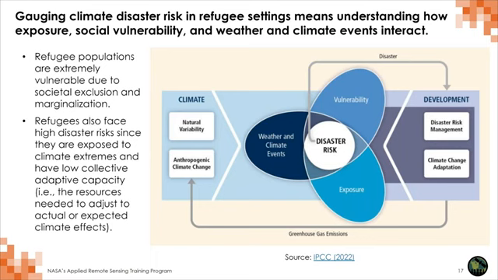And on top of that, of course, we have this background fairly low adaptive capacity, which is to say the resources that are needed to adjust or respond to these actual or expected climate effects.